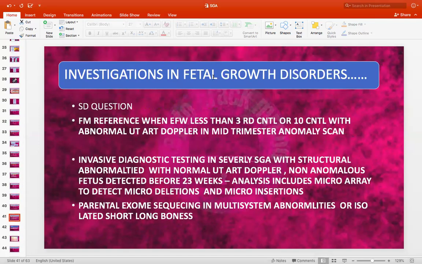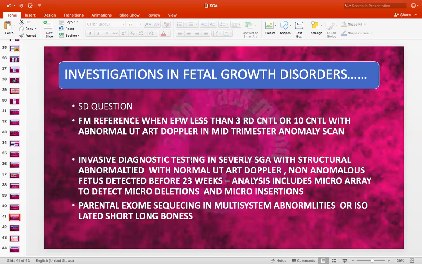Now, investigation in fetal growth disorder. This can be an SBA question. We will make a fetal medicine referral when less than the 3rd centile, or the 10th centile with any abnormal findings. So we are going to offer fetal medicine referral.